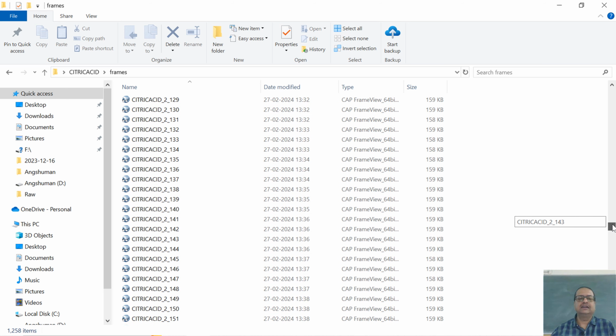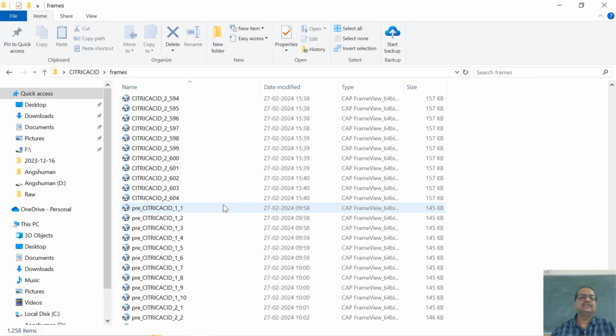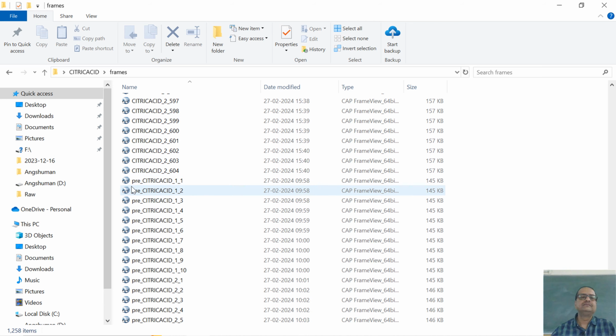So these are the real frames, and here you see it says pre. Pre means before the start of the experiment, we have done a pre-experiment which the software needed to know how the data collection strategy should be determined.